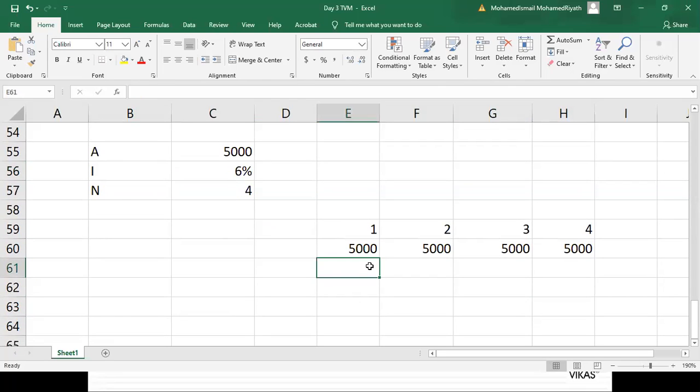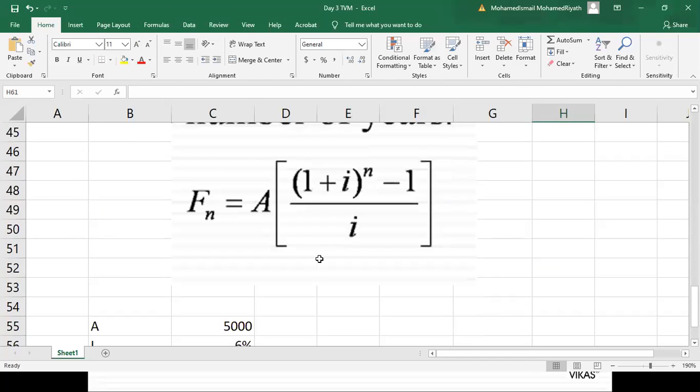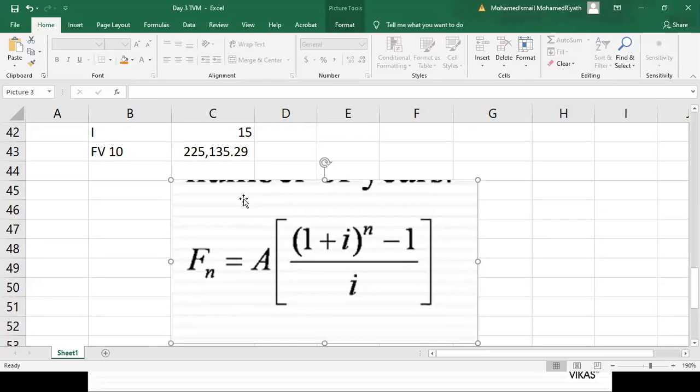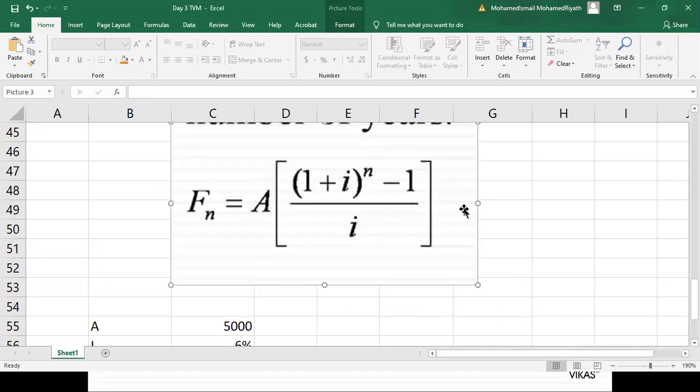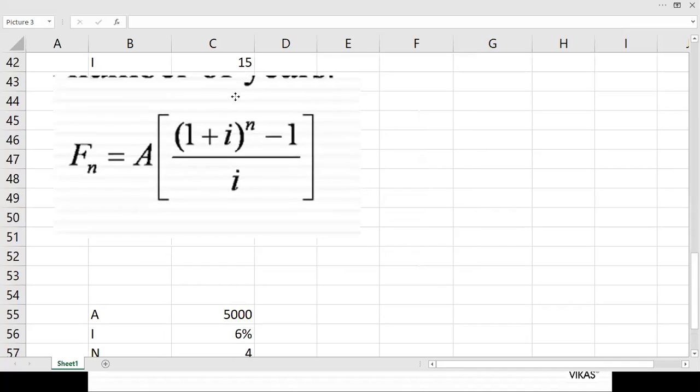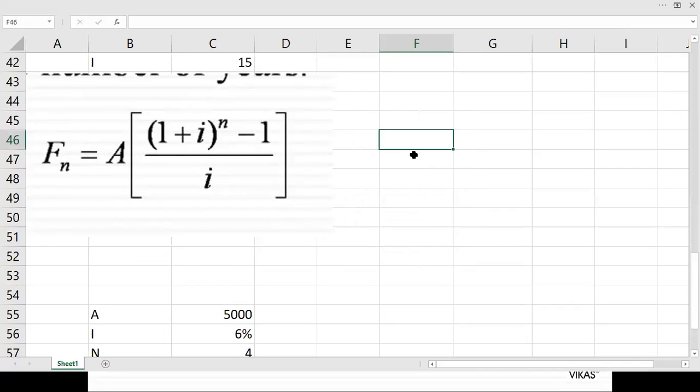For 4 years. So we know how to calculate compound interest, right? You can use this formula for each and every year, then finally take that value. Or the shortcut is to use the compound value factor annuity. So the equation is A, where A means how much you pay, 5,000 every year. And i in this example is 6%, which means 0.06, and the number of periods n is 4 years.